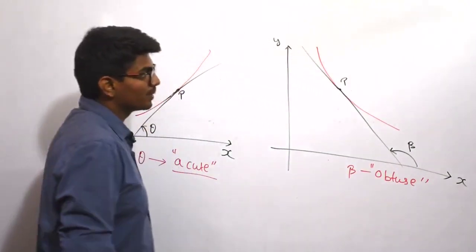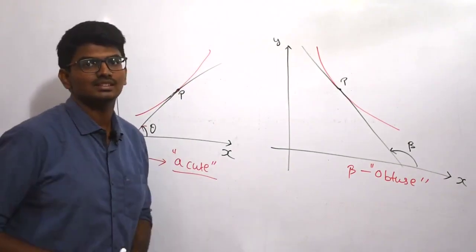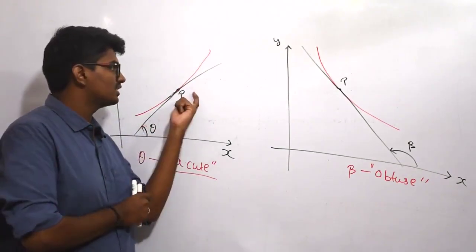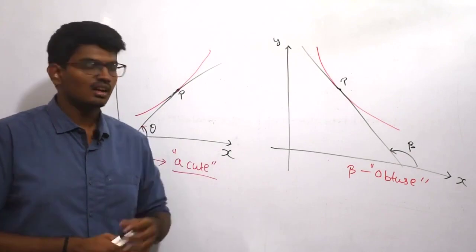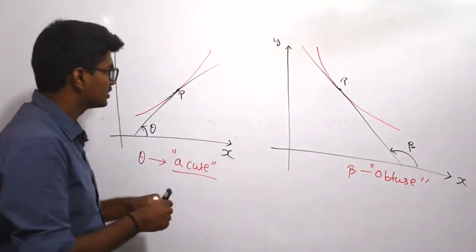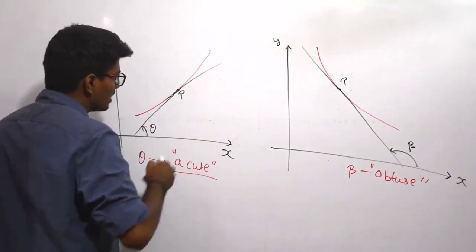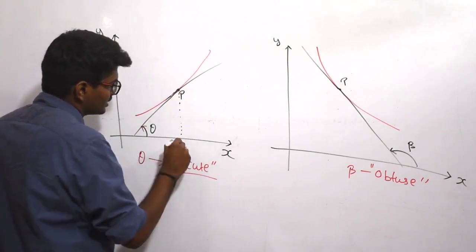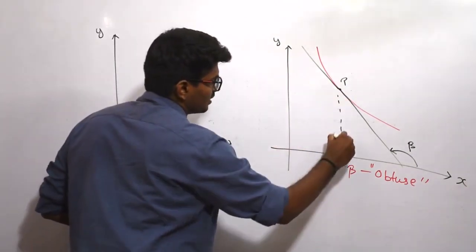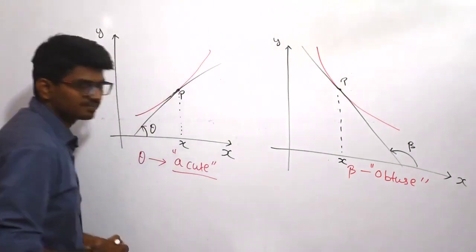And what is slope? How to find the slope of the tangent? One way is to find the differentiation at this point, right? If I want to find the differentiation at this point, let me fix this point to be some x. A point P will have some x value, right?